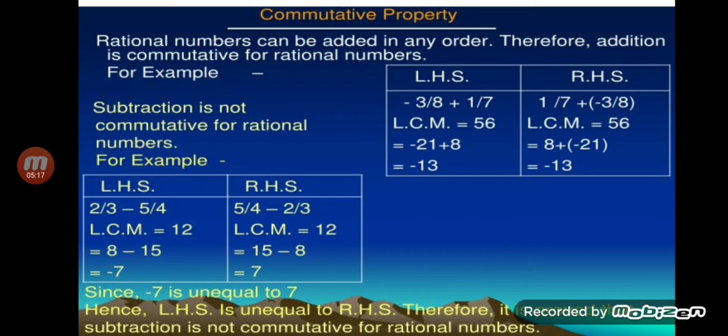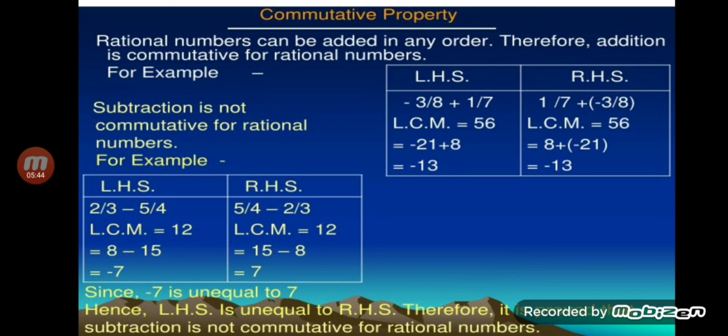By taking LCM, 56 is the LCM, and you get minus 21 plus 8, which is equal to minus 13. In this part, 8 plus minus 21 is equal to minus 13. So LHS is equal to RHS. But subtraction is not commutative for rational numbers.